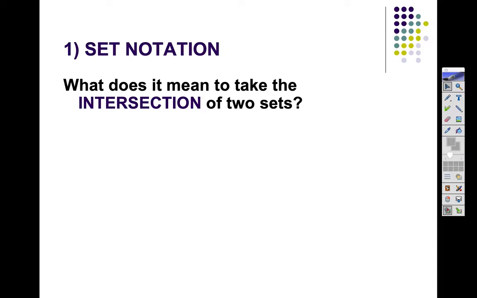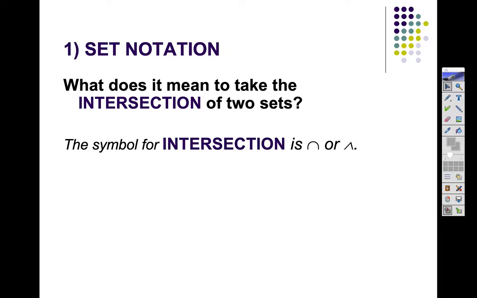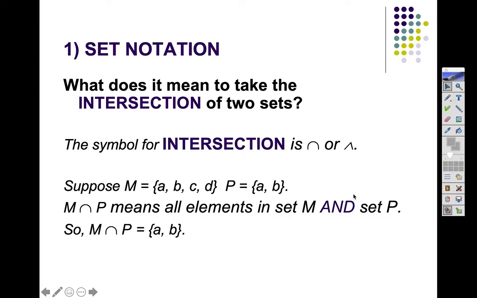Okay, the opposite of a union is to look at intersection. It means overlap. It is the word "and." It makes exact sense, like everything you've ever learned, meaning it has to be in M and in our set P. So we're looking at M again, A, B, C, D. P is A and B. The intersection symbol is just an upside down U or an upside down V. So it's just flipping over the union symbol.